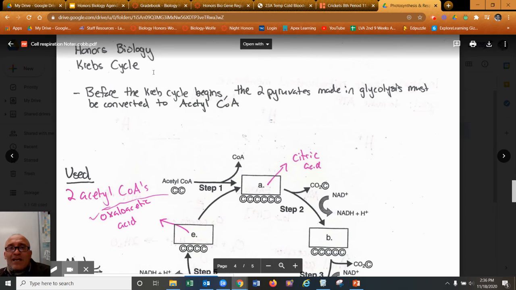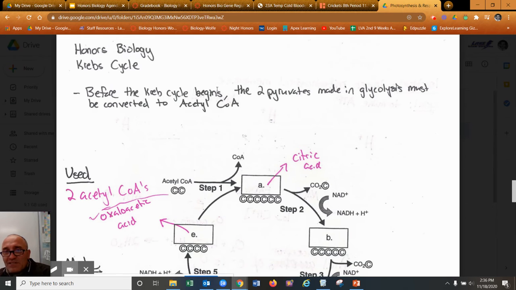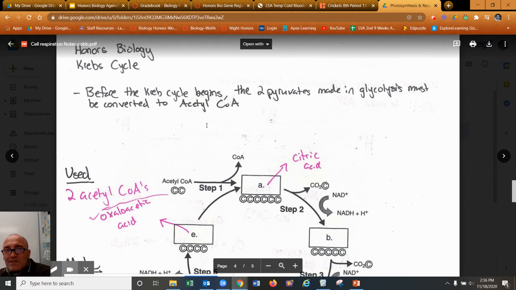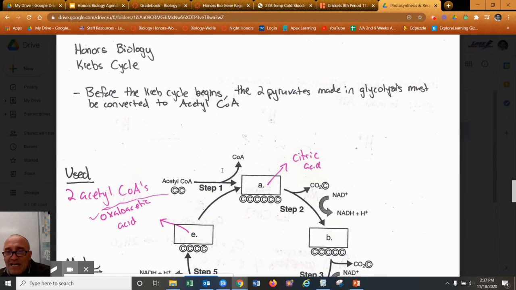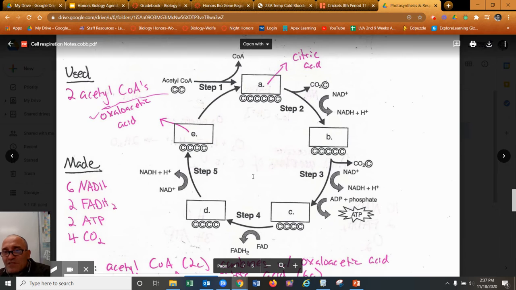Again, this would be after glycolysis, when there's oxygen present, this thing called the Krebs cycle happens. Like it says here, the 2 pyruvates from glycolysis get converted into something called acetyl coenzyme A. That goes through the cycle here. And I don't want you to worry about all these steps and everything, but just know that the pyruvate from glycolysis becomes this stuff called acetyl coenzyme A. That goes through this cycle.